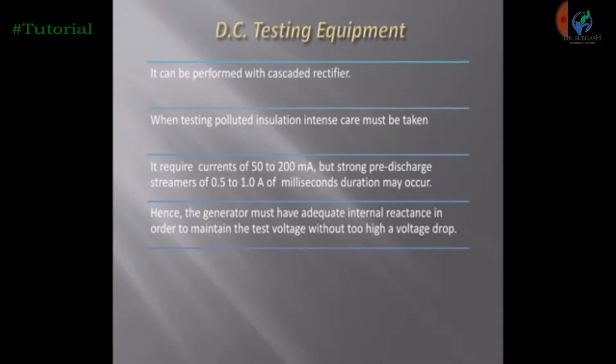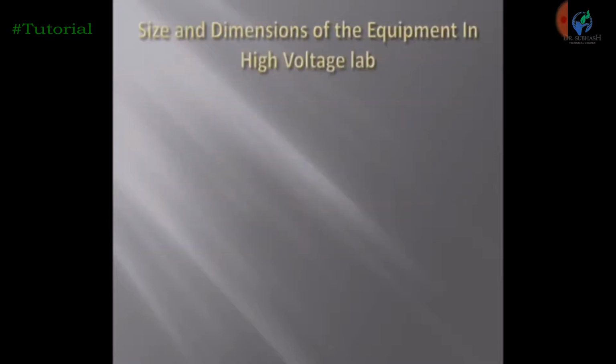Hence, the generator must have adequate internal resistance in order to maintain the test voltage without too high a voltage drop. So we can see the current rating of the high voltage testing equipment is in terms of milliampere. So keep in mind these things.